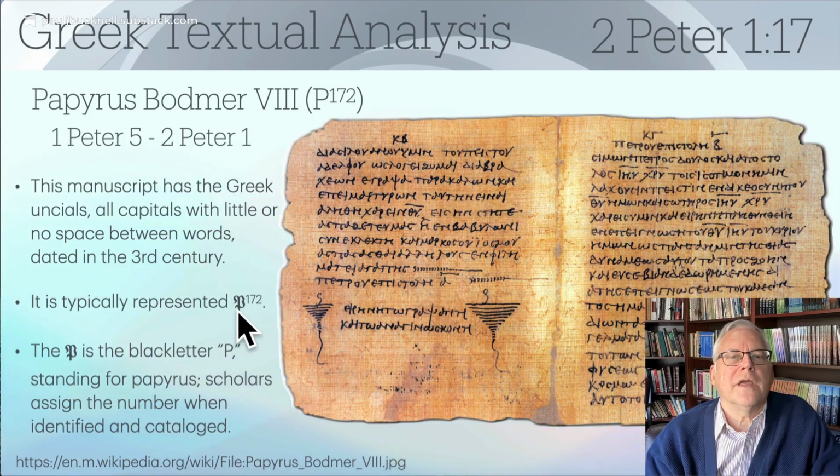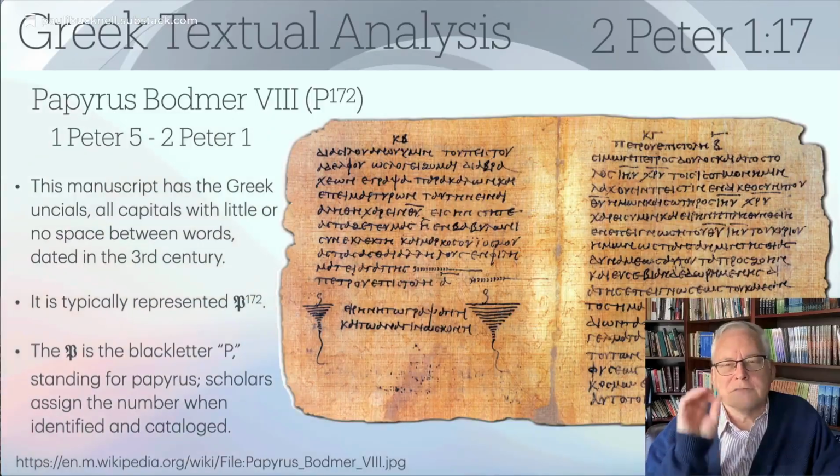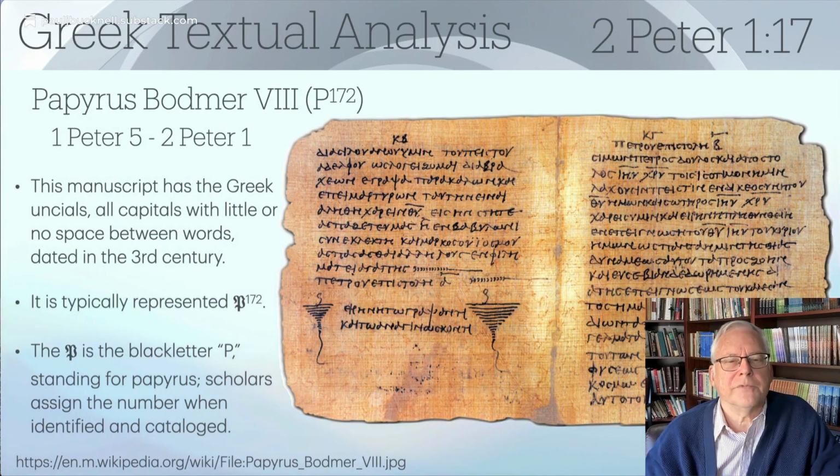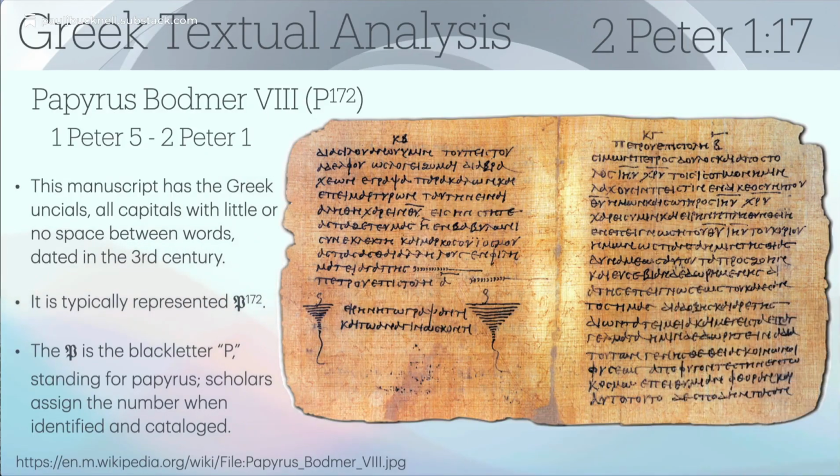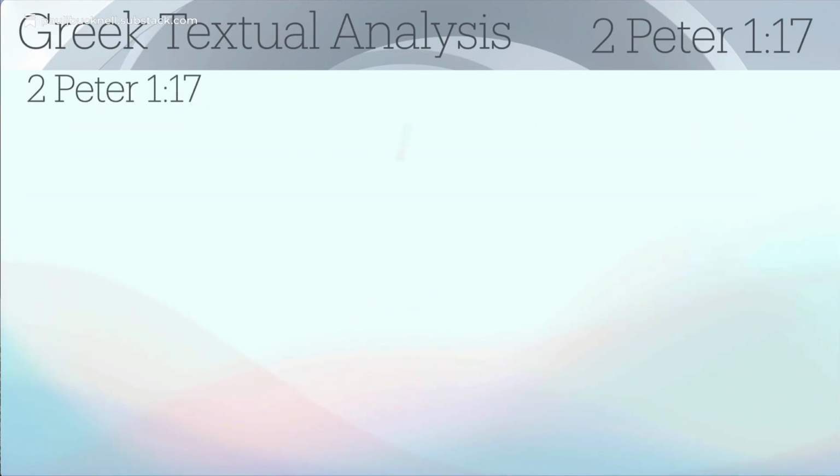This little symbol I have here is the same as this P. It's called the black letter P, but it's fancy, and represents very clearly the number of the manuscript. And the number itself, 172 in this case, comes from when the scholars identified it. This particular scroll would be given a number and cataloged.